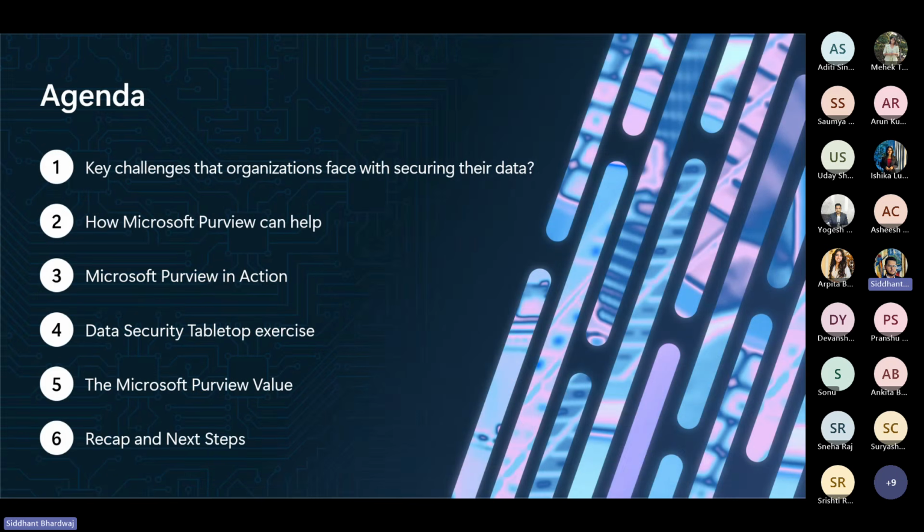Throughout this presentation, we'll be talking about the key challenges any organization faces while securing their data. We'll look into Microsoft Purview, and have a look at Purview in action. We'll go through all the different tools and topics that Purview has, and then we'll look into the tabletop exercise. This is a very interactive part of the presentation.